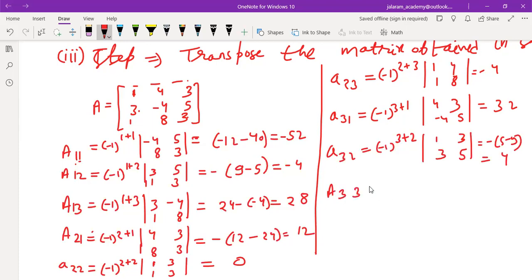Then finally cofactor A33, minus 1 to the power 3 plus 3 will be positive, into the determinant obtained by deleting third row, third column. 1 4, 3 minus 4. Clearly minus 4 minus 12, it is minus 16.